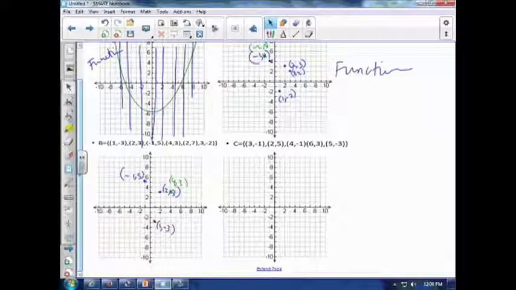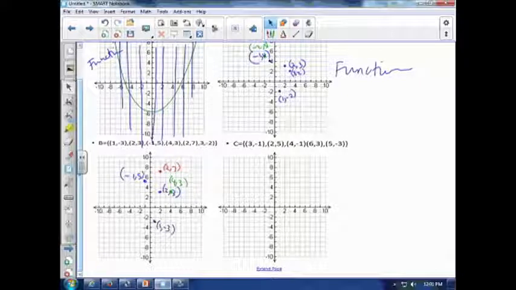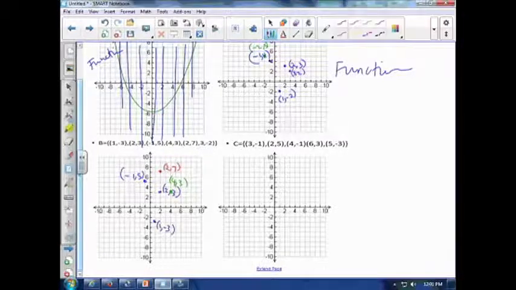And 2 and 7. So 2 and 7 is right here. And 3 and negative 2. There's 3 and negative 2 right there.